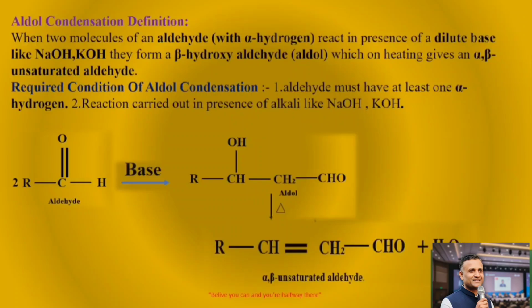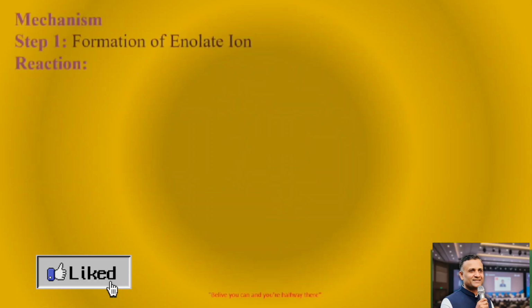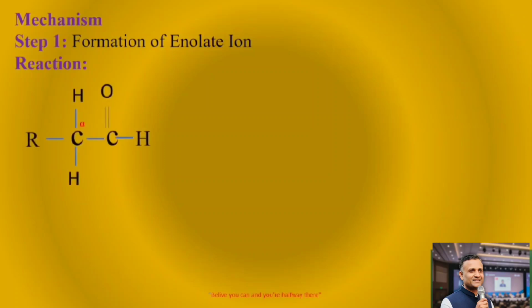Let's see the mechanism of aldol condensation. Here, aldol condensation takes place in three steps. First one is the formation of enolate ion. When a hydrogen atom is abstracted from the alpha carbon of the one molecule of aldehyde, there will be the carbanion in the first step.